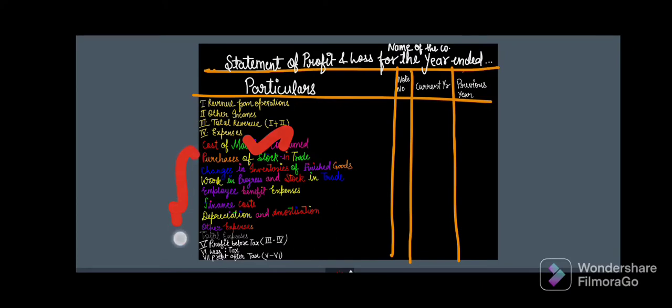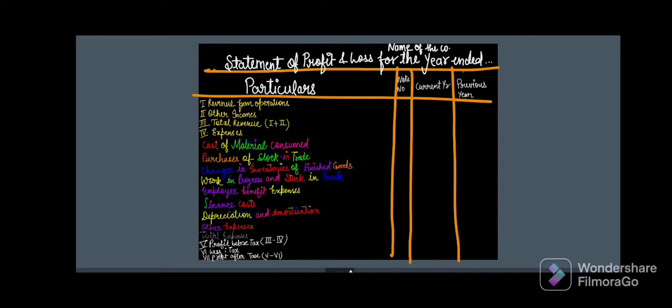There are a few expenses which need to be in this order only: firstly the cost of materials consumed, then purchase of stock in trade, then changes in inventories of finished goods, work in progress and stock in trade, then employee benefit expenses, finance cost, depreciation and amortization, and at the last other expenses.